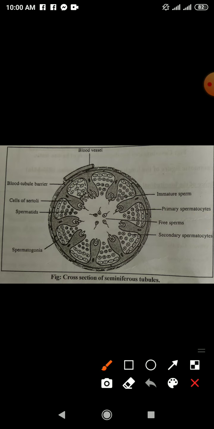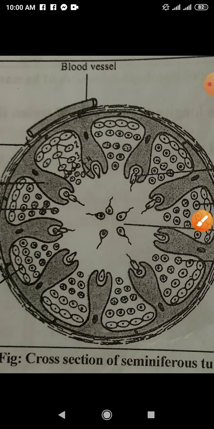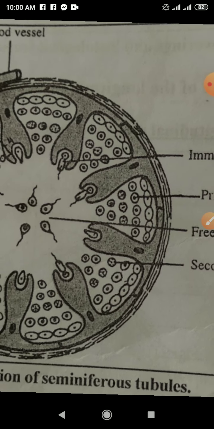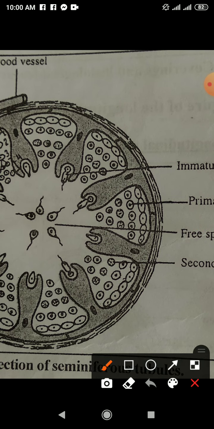So we are seeing the microscopic structure of the seminiferous tubule. This is a cross section under microscopy. This is the basement membrane or basal zone, and this is the lumen of the seminiferous tubule. You can see in the basal or outer zone there are some cells known as the spermatogonia.